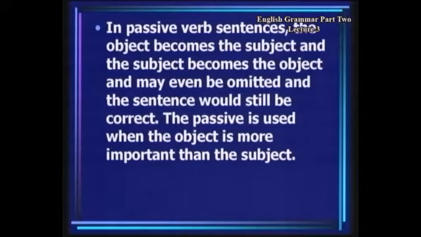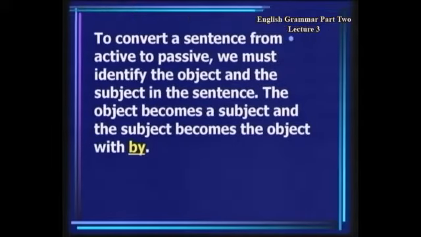Let's read this again. In passive verb sentences, the object becomes the subject, that's the window, and the subject becomes the object. يعني becomes the object. When I say by, whatever comes after by is an object and may even be omitted and the sentence would still be correct. The passive is used when the object is more important than the subject. Right.